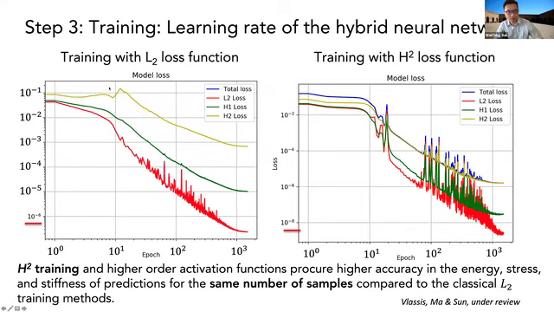Okay. So we can see that it generates a good learning rate, except that it's not as good as the H2. You see that this is on the order of 10 to the minus 8, and this is 10 to the minus 6.